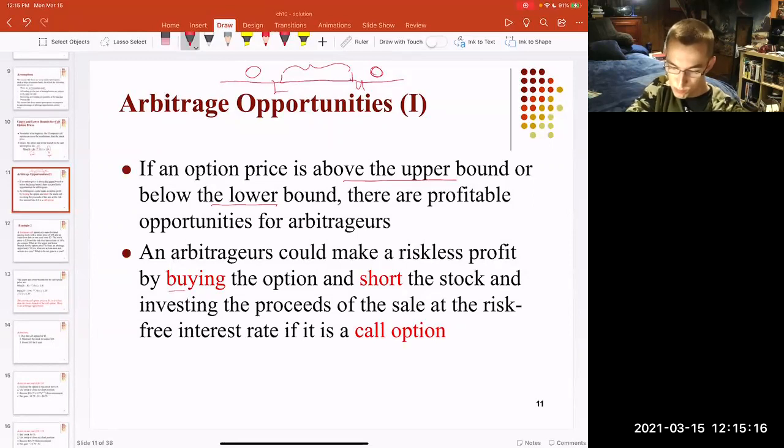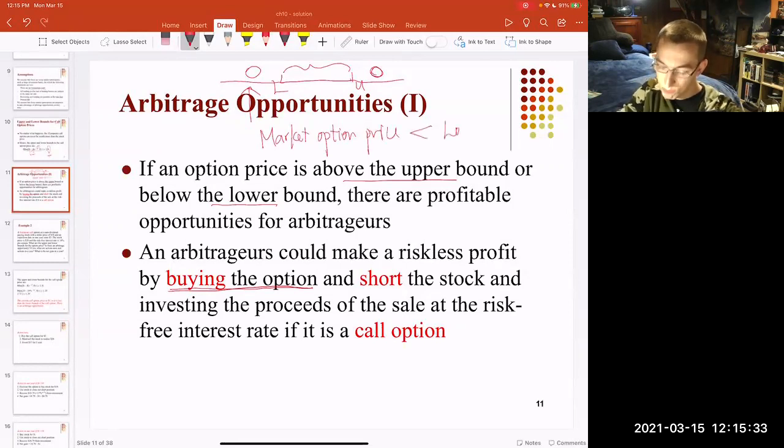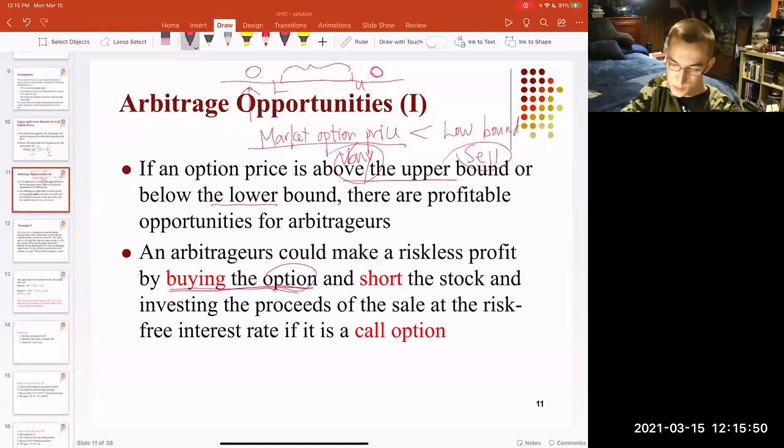Actually, we talk about this case, where the market option price is lower than the lower bound. So we're gonna buy low and sell high. Buy low, which is buy the option contract from the market, and sell high, which is sell the stock and invest the proceeds of the sales at the risk-free rate.